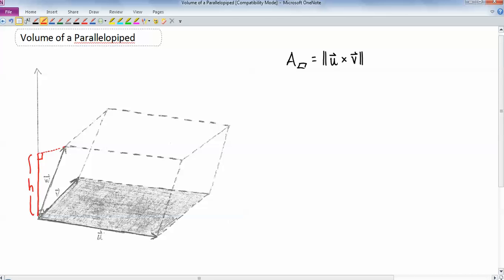So the idea of this axis sticking straight up perpendicular to the plane of U and V, well, we can find a vector that's normal to the plane defined by U and V, and we know that U cross V is orthogonal to both U and V. So this normal vector we could think of as U cross V right here, or perpendicular vector if you want to think of it that way.